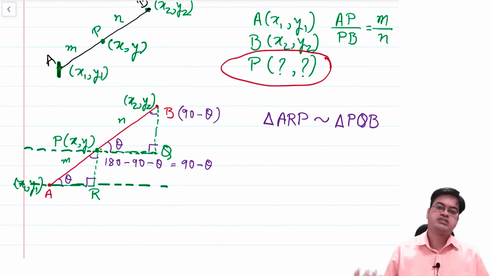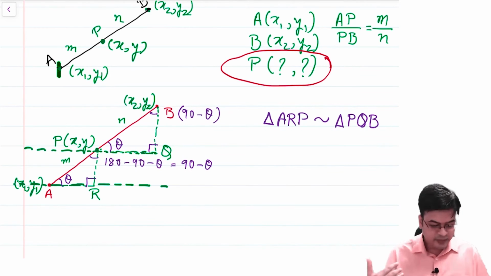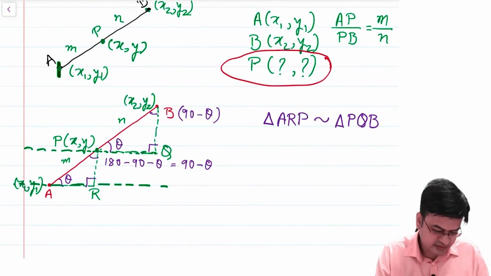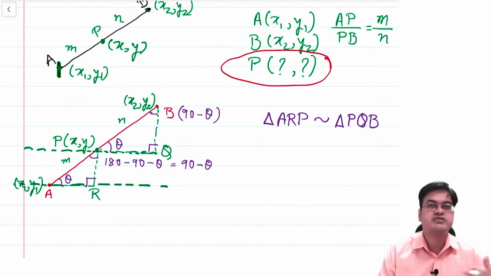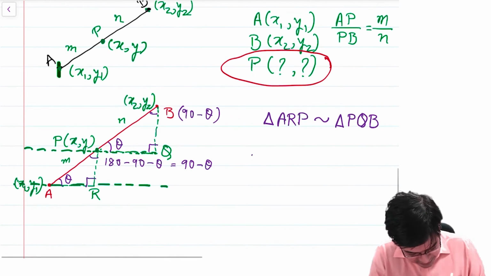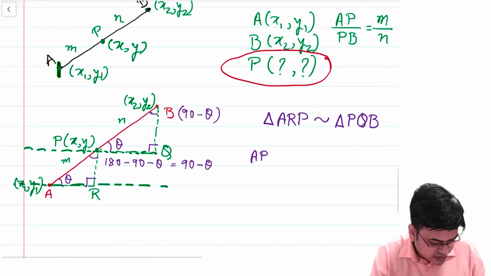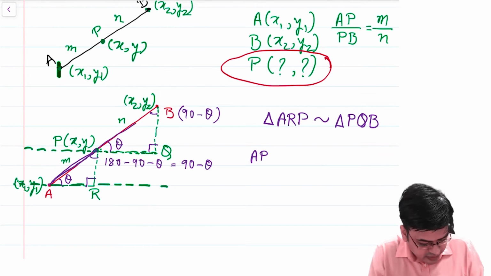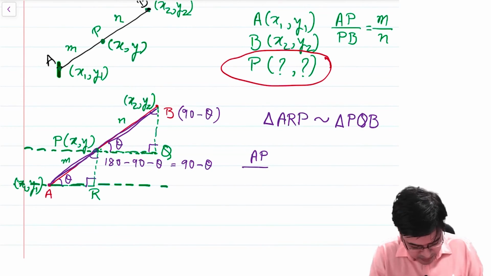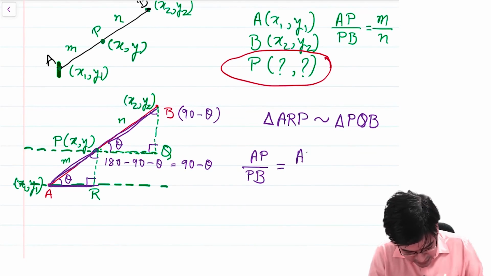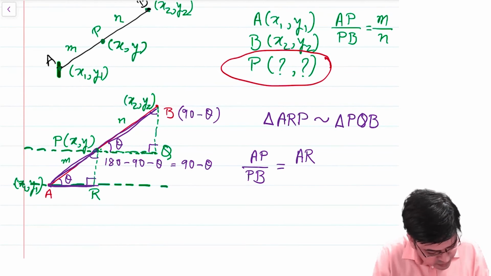Again I will invoke the similarity properties of the triangle, and then I can say that all the corresponding sides of these triangles will be in a certain ratio. Therefore, I can write that AP, which is this side, AP to PB, must be equal to AR, which is this side, AR to PQ.